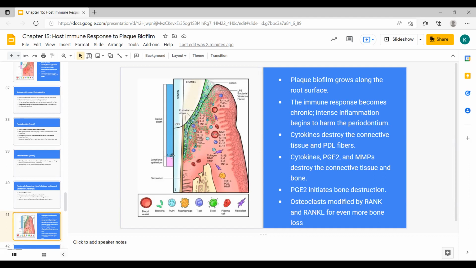So at this point, we're seeing a sulcus depth of 6 millimeters. And again, we're seeing all these: our TNF-alpha, our prostaglandin E2, our MMPs, interleukin 6, interleukin 8, and the TNF alpha.